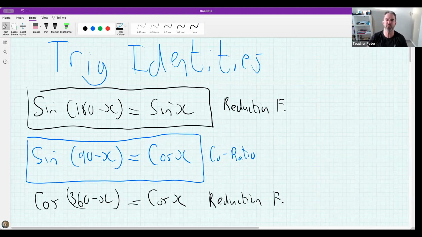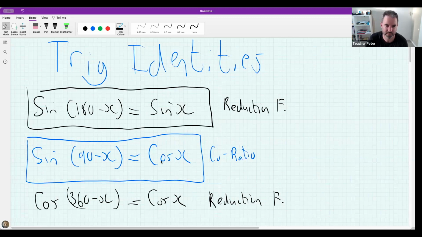There are many more, but I just want to see that you recognize them as identities, where the left-hand side is equal to the right-hand side. Give me a thumbs up if you've seen these identities before I move on to the new ones.